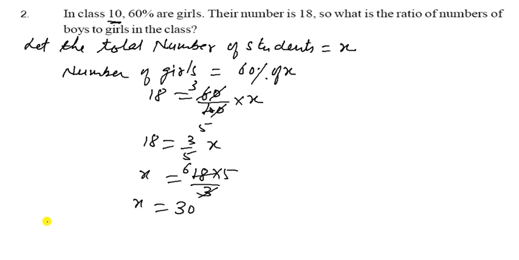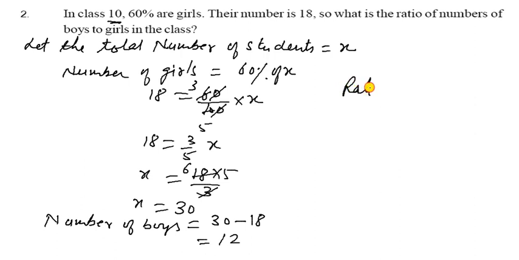So we can find the number of boys. As you know, total number is 30 and girls are 18. So the rest, 12, are boys. So we can find the ratio of number of boys and girls.